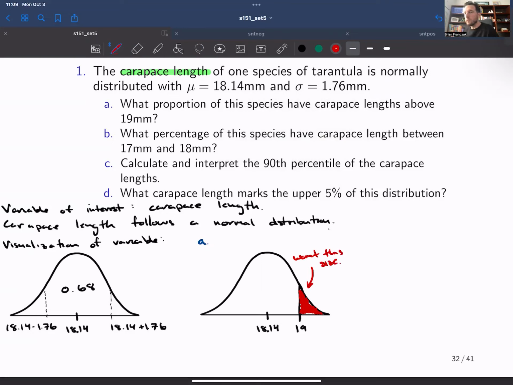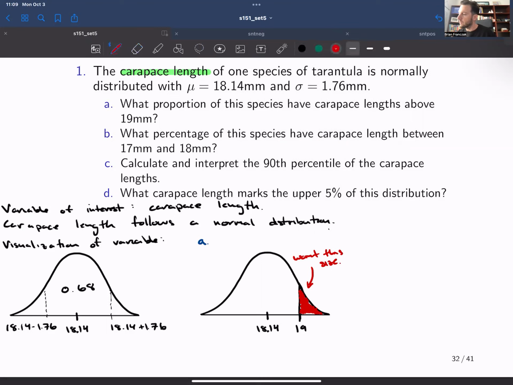Okay. So this is not all that different from what we were talking about with standard normal curves. With standard normal curves, we would look at the same types of problems, except that we were always centered at 0 and we always had standard deviation 1. Now we can be centered at anything, for example, 18.14, and our standard deviation can be any number, for example, 1.76, but we still have the same style of problems.